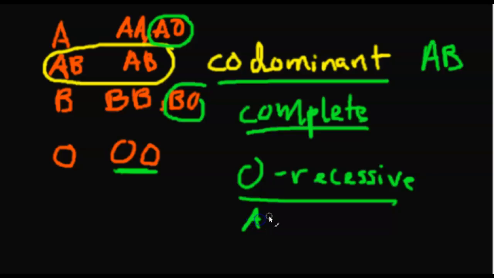AO is the same type of blood as AA. They look the same. The A is masking an O.